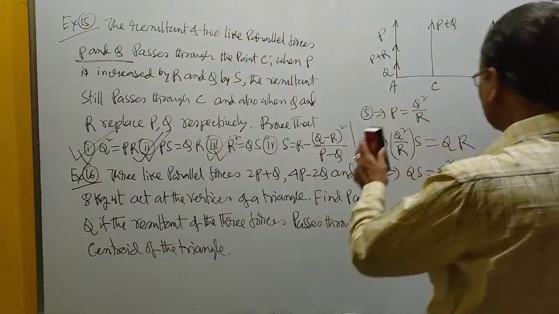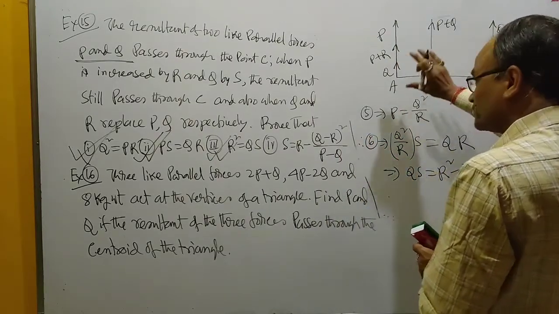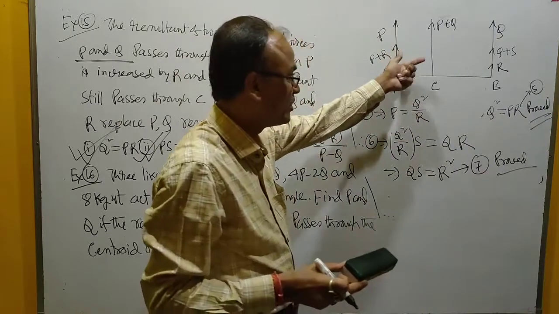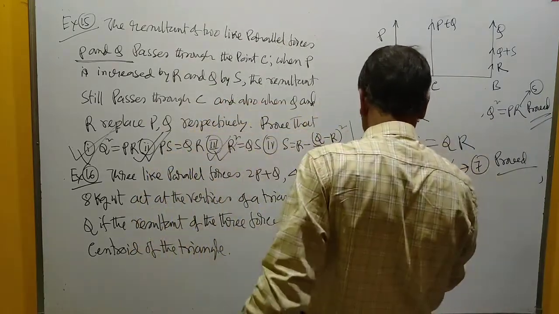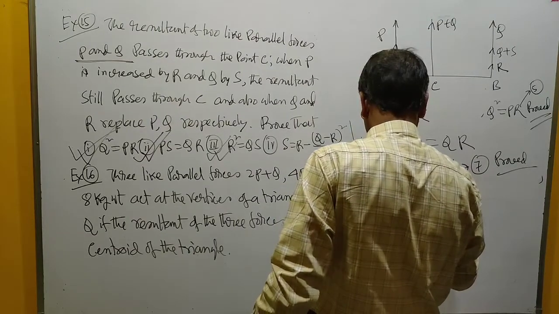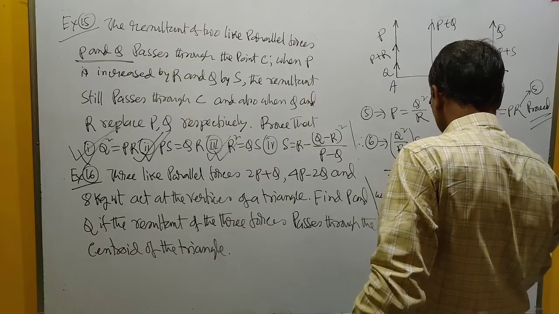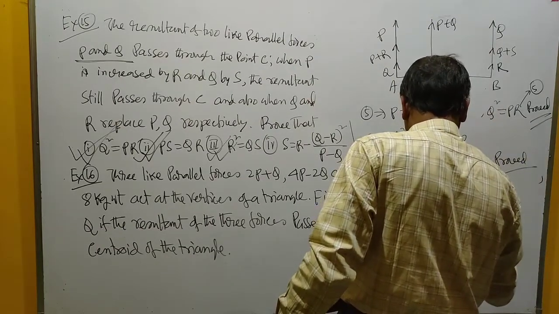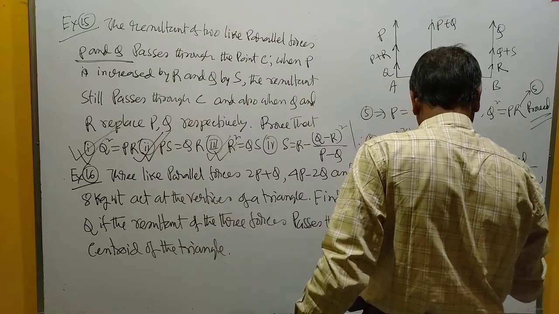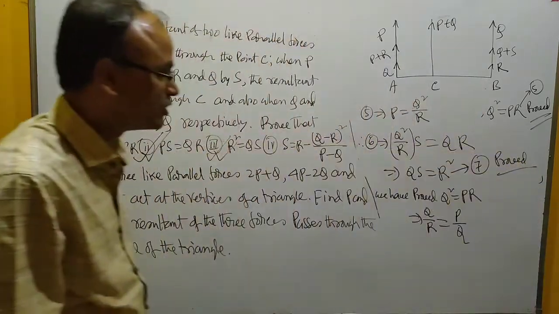Now we may remove this one also, as we have proved it. Q square equals PR. This means that Q by R equals P by Q.